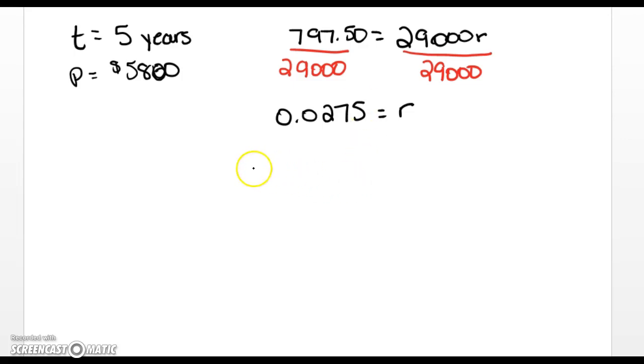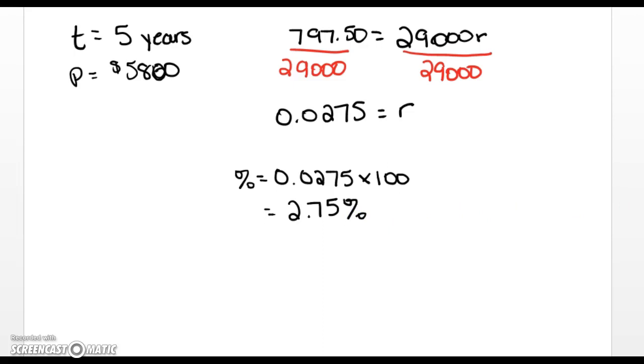You take 0.0275 and multiply it by 100, and that gives you the percentage. Put that into your calculator, or if you can do it in your head, you should get 2.75% as the interest rate.